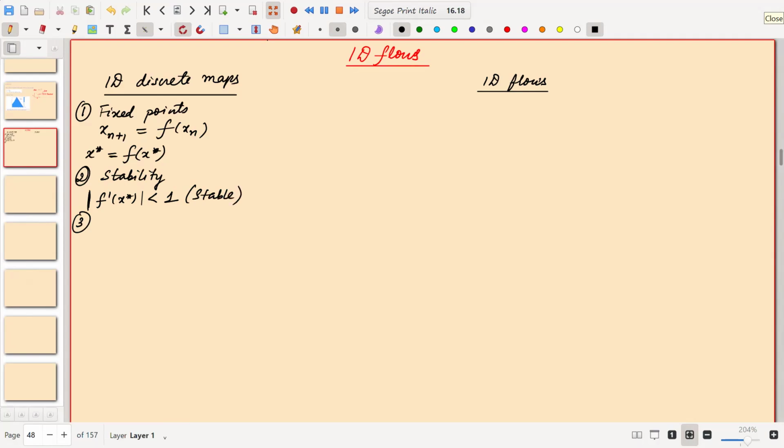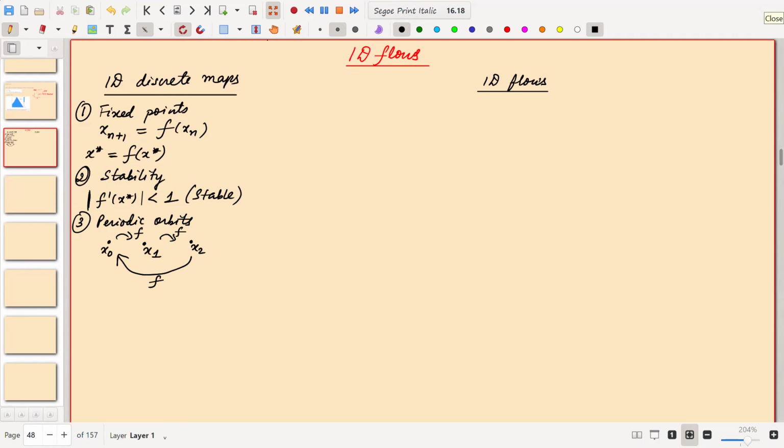What we understood next was periodic orbits. One-dimensional maps can also show periodic orbits. You have a point x0, you apply the map f, you go to x1, you apply f again, you go to x2, and if you apply f again, it comes back to the same point x0.